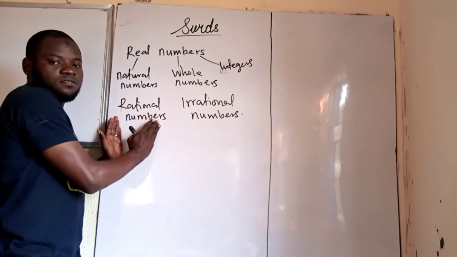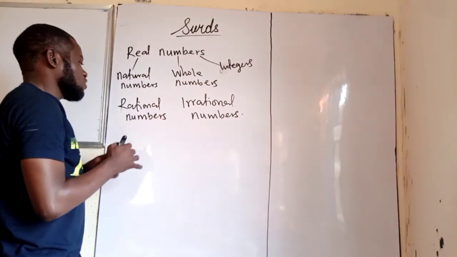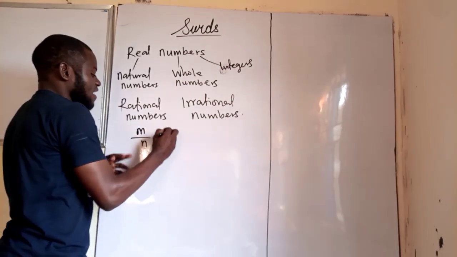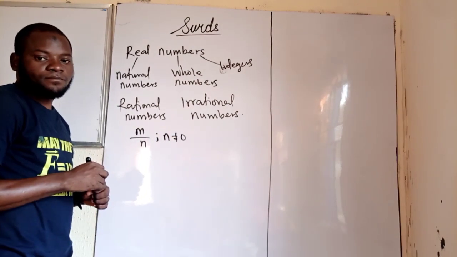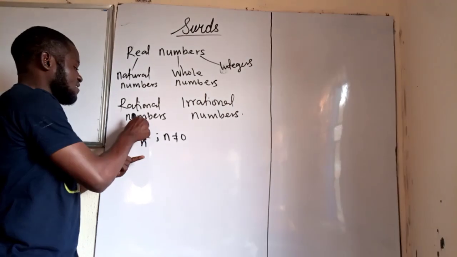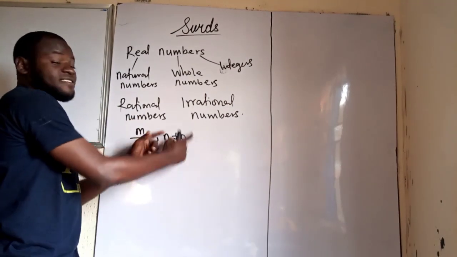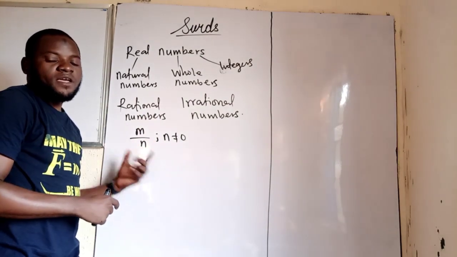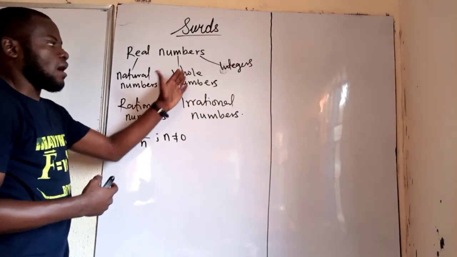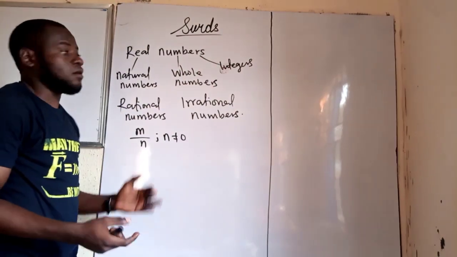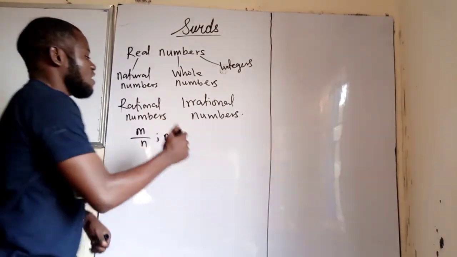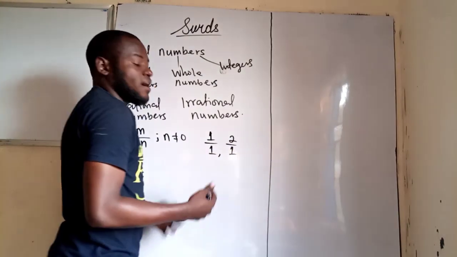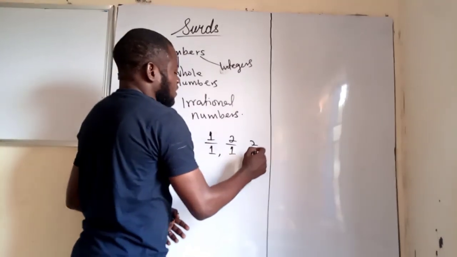Rational numbers are those numbers that can be expressed in the form m over n, where n is not 0. Examples: whole numbers, integers and natural numbers are all rational numbers, because I can express 1 as 1 over 1, 2 as 2 over 1, and so on. And 2 over 3 is also a rational number.